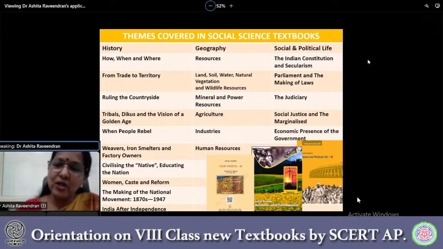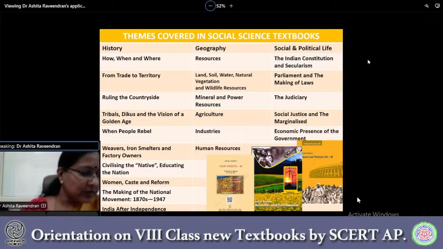So how the indigo cultivation happened in the country, and what problems were associated with the indigo plantation. And there are also discussions on how indigo plantations and cultivation happened elsewhere in the world, how slaves were used for the cultivation, and how the rulers ensured that indigo cultivation happened.